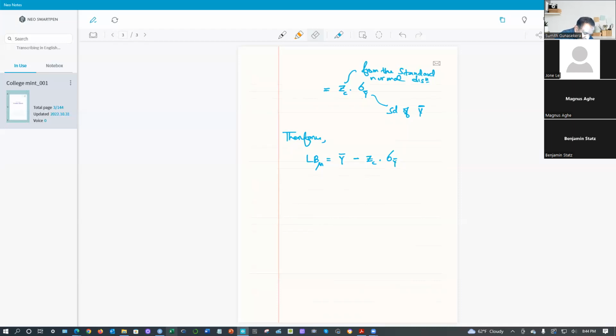I can write this another way too: it is nothing but sigma over square root of n. Sigma is the population standard deviation, over the square root of the sample size.